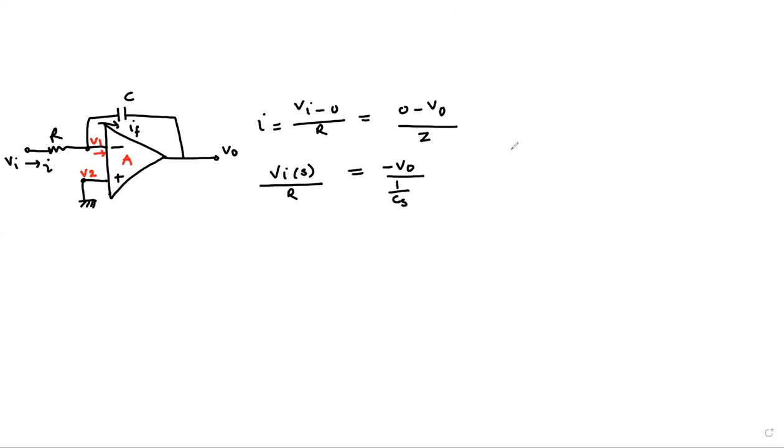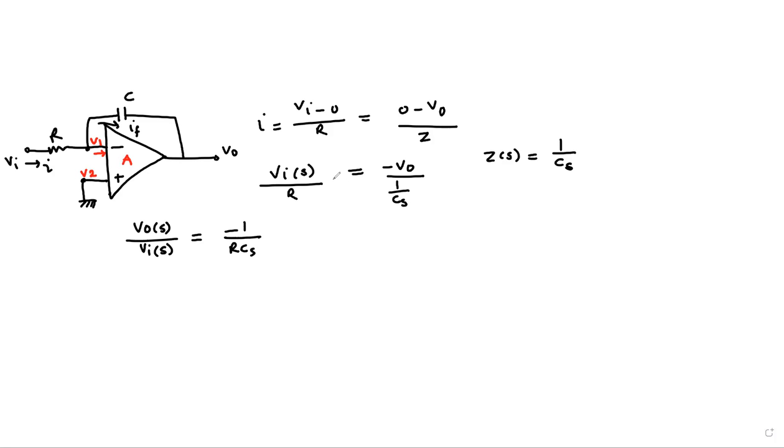And we know that Z of S is the impedance of a capacitor, which is 1 over Cs. So we can further simplify this expression: Vo of S divided by Vi of S, that is the output voltage divided by input voltage, is minus 1 divided by RCS.